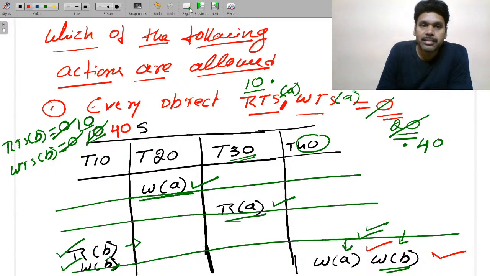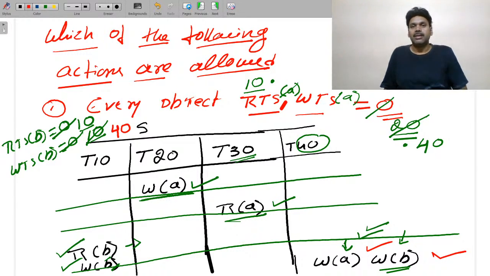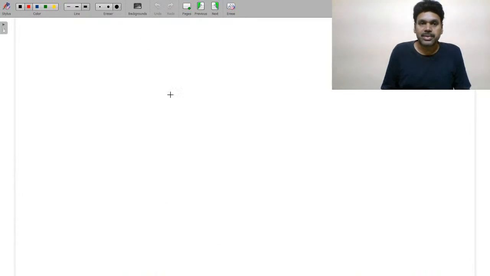So let us look at another variety. So this is how the timestamp protocol works.